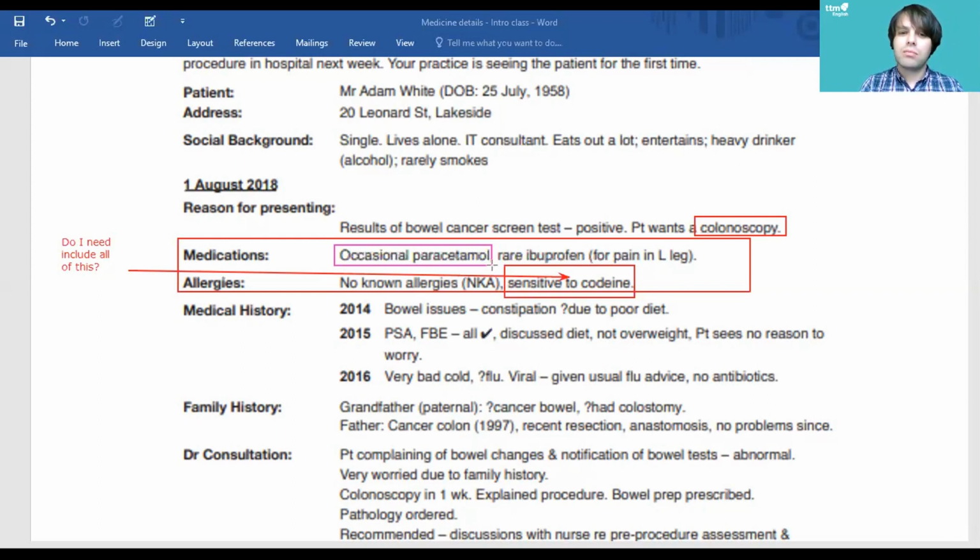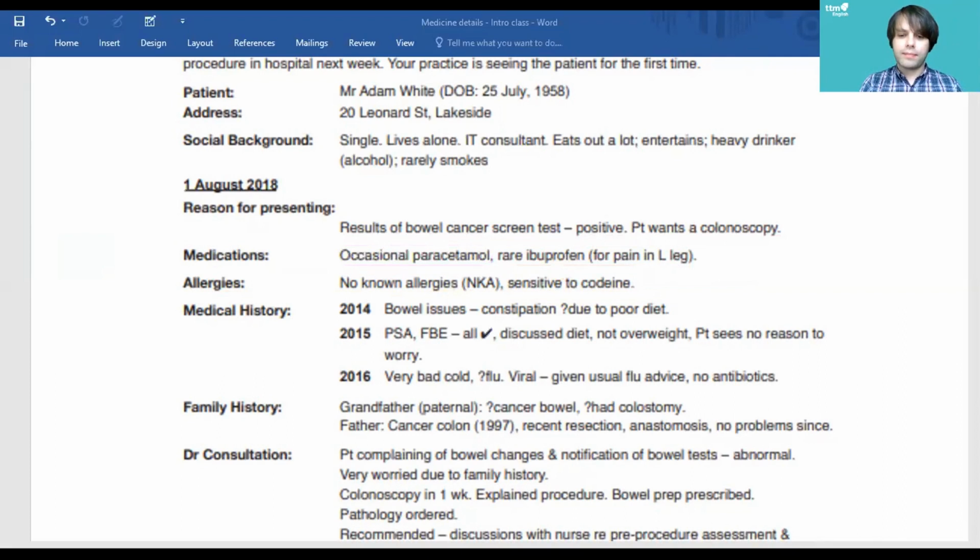Yeah. I'm thinking, and do we need anything about the leg? No. Okay, why not? Because his procedure is colonoscopy. It's not related to the leg. Yeah, right. So we all know, don't we? We all know that when it comes to medication, people always say, shall I include all the medication or not? Well, it depends on the reader, doesn't it?